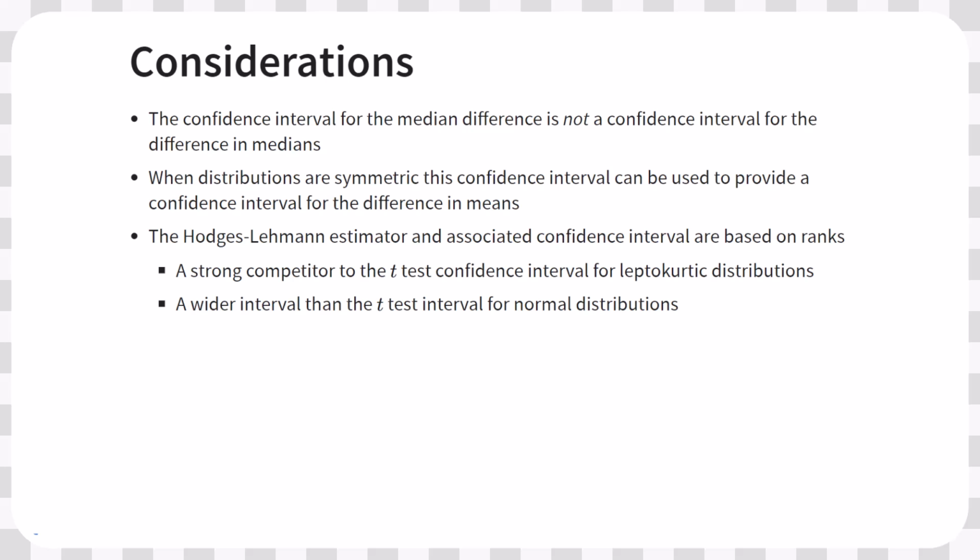So if I know that my underlying distributions are normal, I'm going to stick with the t-test. But otherwise, I have a very valuable test, and one in which if I don't know anything about the distributions, I know that my confidence interval will not be too much wider than the t-test even for normality, and in fact could be quite a bit narrower than that for the t-test in other situations.